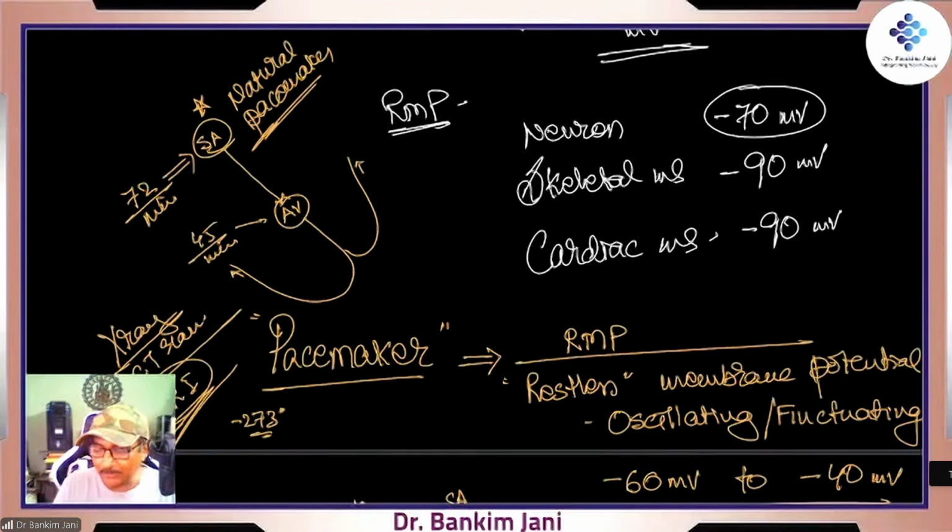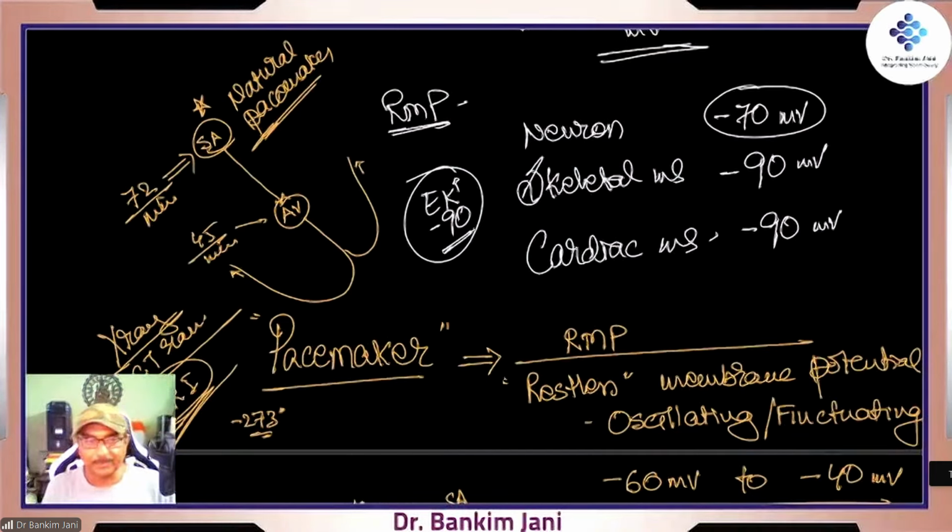Similarly, if you say what would be the equilibrium potential, let's say in the case of potassium, it is minus 90. We can say that the equilibrium potential of potassium is equal to the resting membrane potential of skeletal muscle. What is the relation? What do they really do? Yes, we'll talk about it. But at least this part is clear.